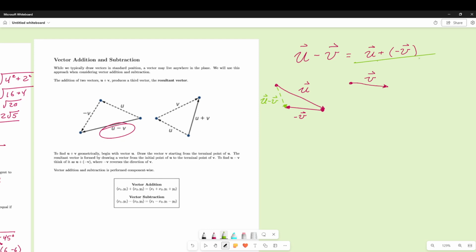So having this very visual way to add and subtract vectors together is handy and nice when we do diagrams, particularly force diagrams, trying to understand the effects of different forces on objects.